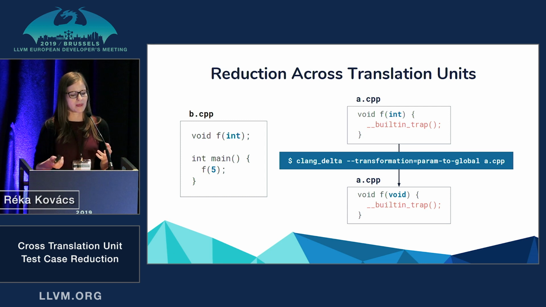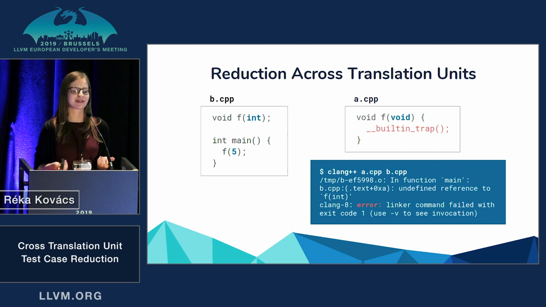Now let's try to run this transformation of Clang Delta called parameter to global, which essentially removes the integer parameter of f and transforms it into a void. Now, if we try to compile it at this state, naturally we'll get a linker error because the signature of f changed in one file and didn't in the other.